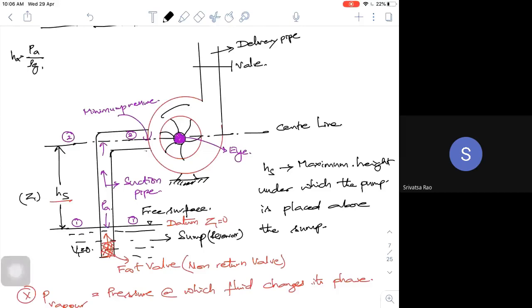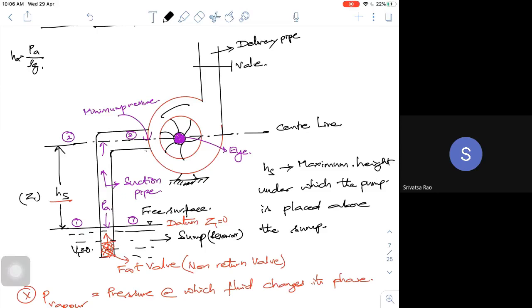So I should place my pump in such a way that it is the maximum. That is the maximum suction head required, where I can place the pump without any formation of cavitation.